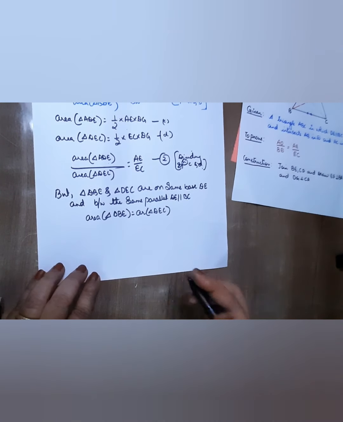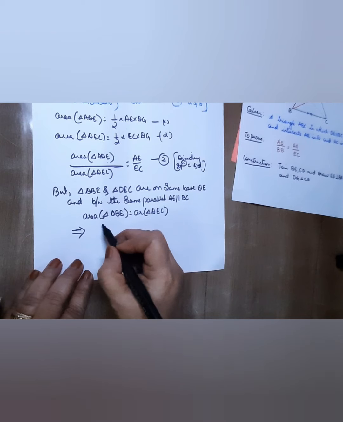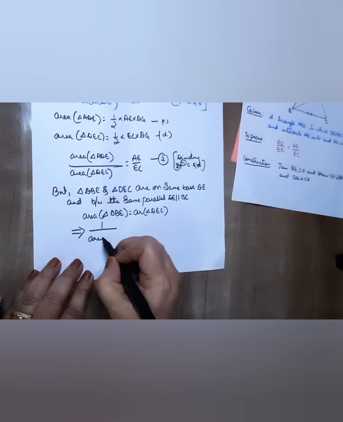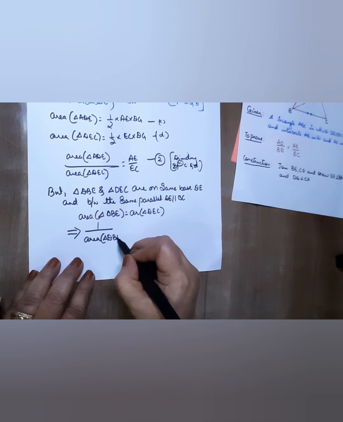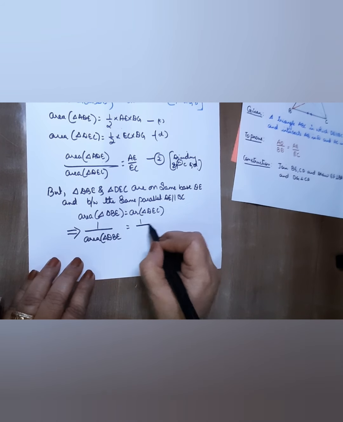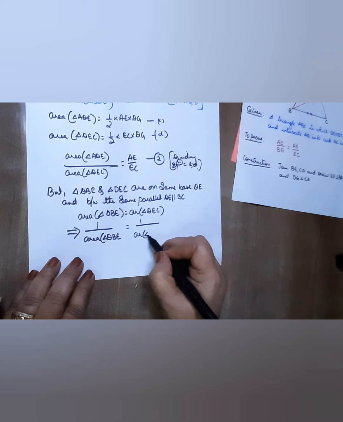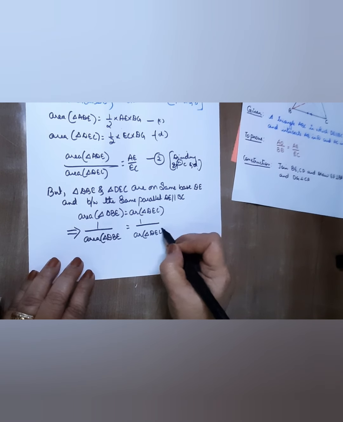So we can write 1 divided by area of triangle DBE is equal to 1 divided by area of triangle DEC.